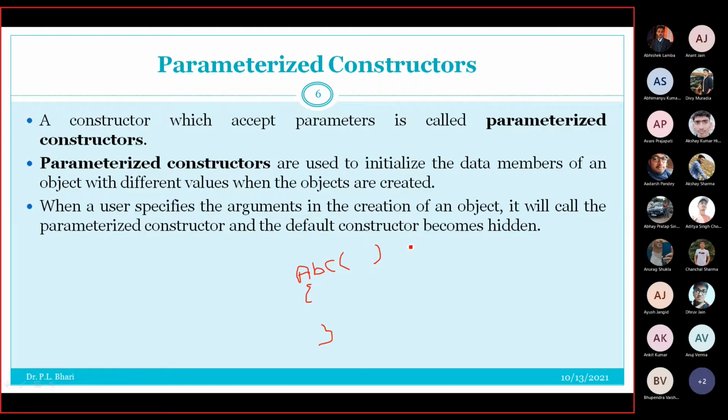But in case of a parameterized constructor, there will be some parameters passed in the constructor, we can say int x. It will be the difference. Only a single difference is available here.